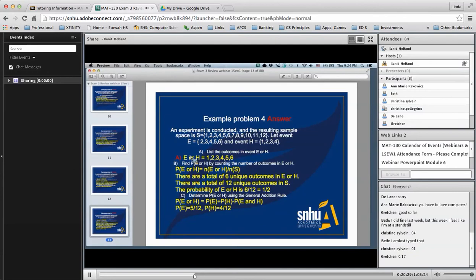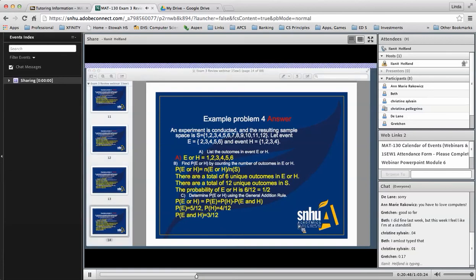So just like in order to be in E or H, you need to be in E or in H, in order to be in E and H, you need to be in both E and H, right? So I got P of E and H is 3 out of 12. So what does that mean? Maybe I'll type this in the chat because I didn't put it on the slide.